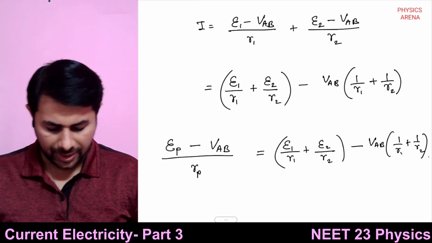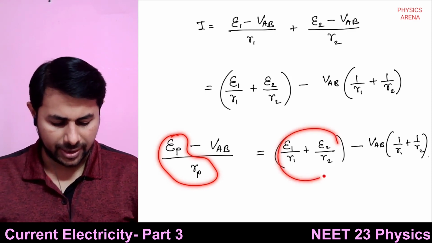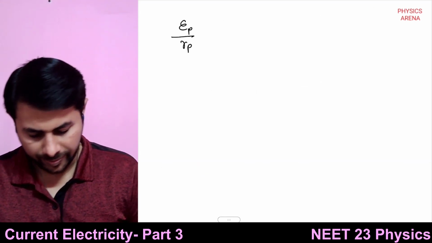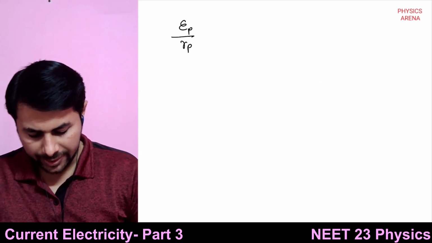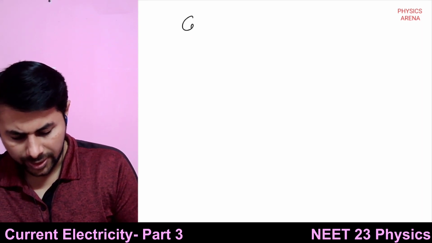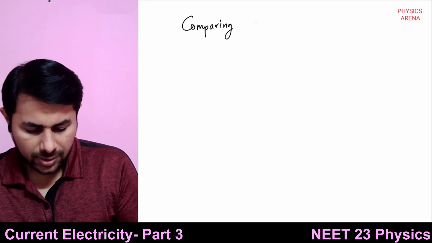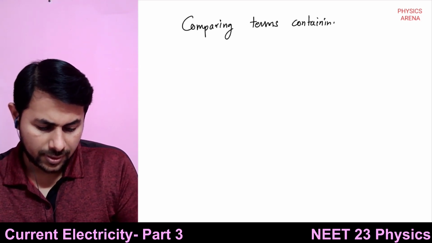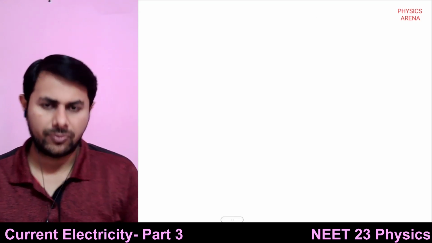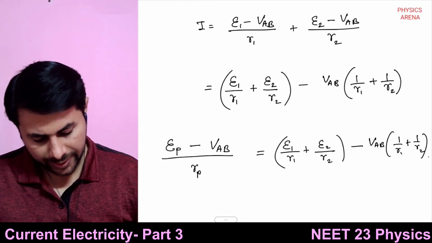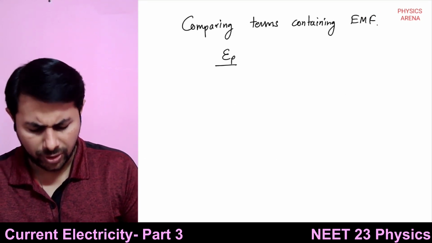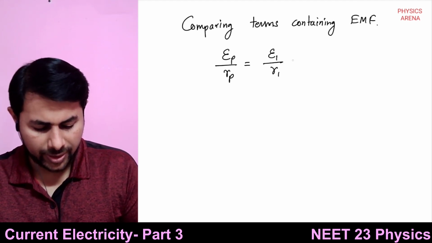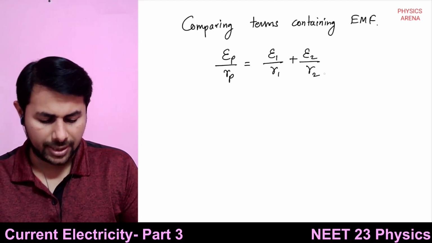Now we can equate the terms containing EMF on both sides, and the terms containing potential difference on both sides. Comparing the terms containing EMF, we get EP upon RP is equal to epsilon 1 upon R1 plus epsilon 2 upon R2.